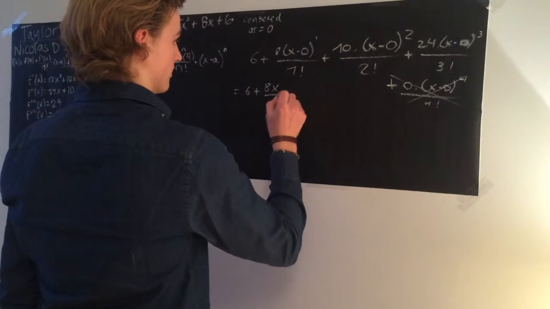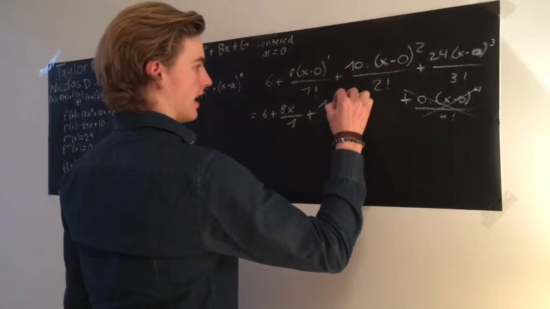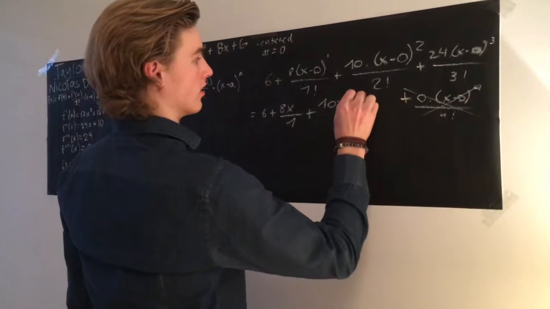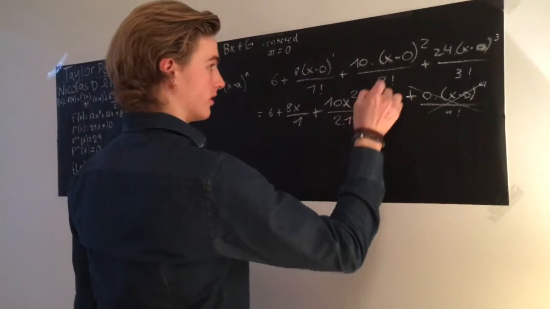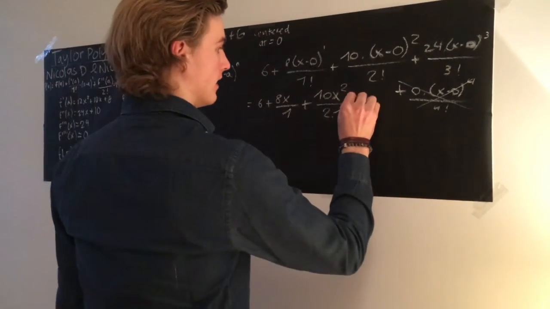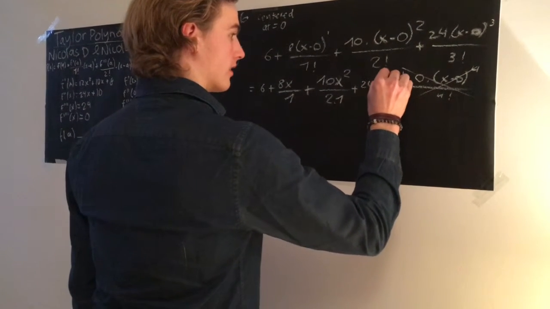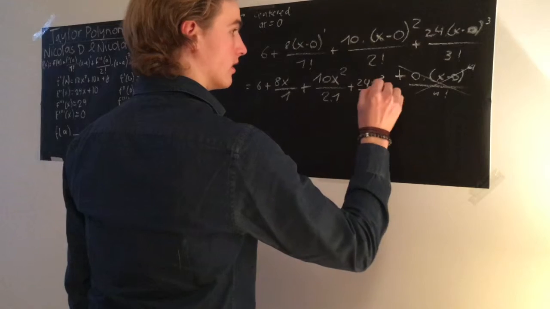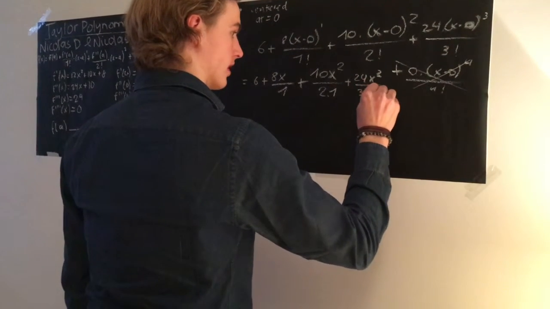8x divided by 1 plus 10x squared divided by 2 times 1 because it's 2 factorial, and then plus 24x cubed divided by 3 factorial, which is 3 times 2 times 1.